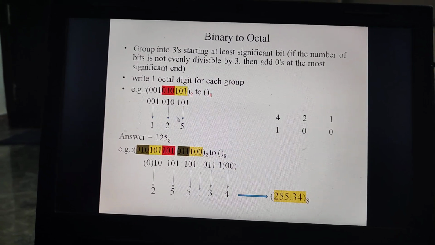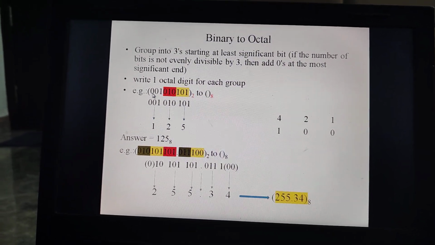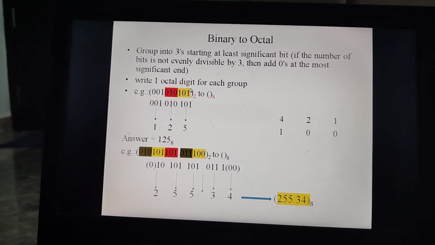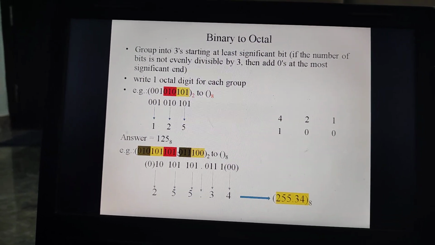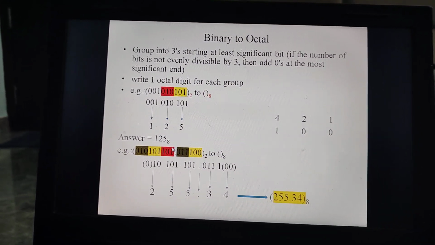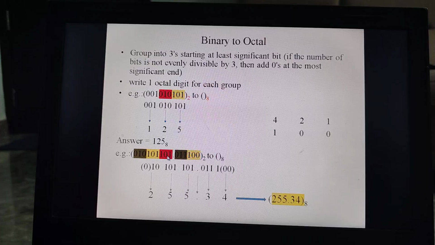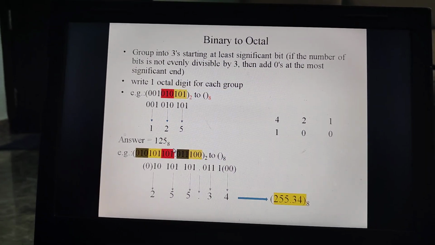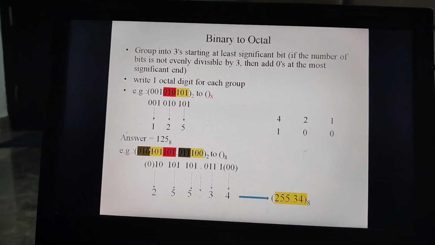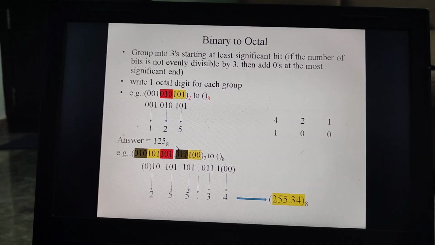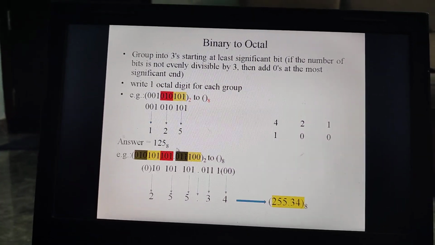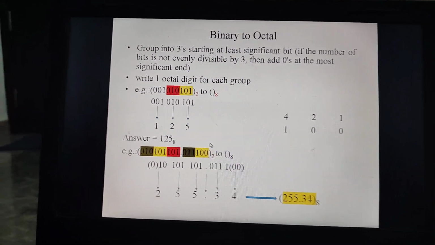If it is a simple number without a decimal point, it has to be followed from left to right. And if it has a decimal point, the same: before the decimal point, the left to right direction has to be followed, and after the decimal point, right to left has to be followed.